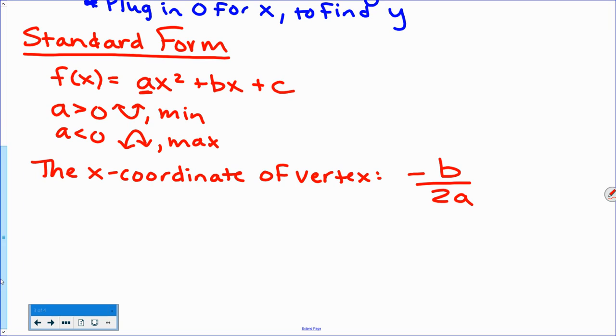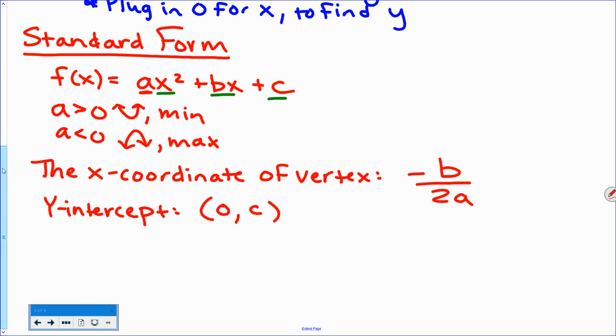But something that is nice: if we think back to how you find the y-intercept, you plug in 0 for x to find y. If I replace my x's up here with 0, that would make that whole part 0, that whole part 0. So my y-intercept is the point 0, c.